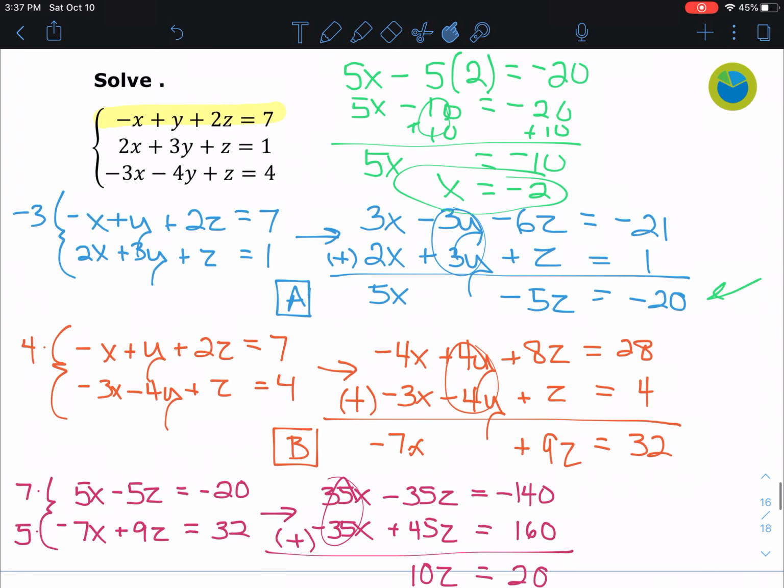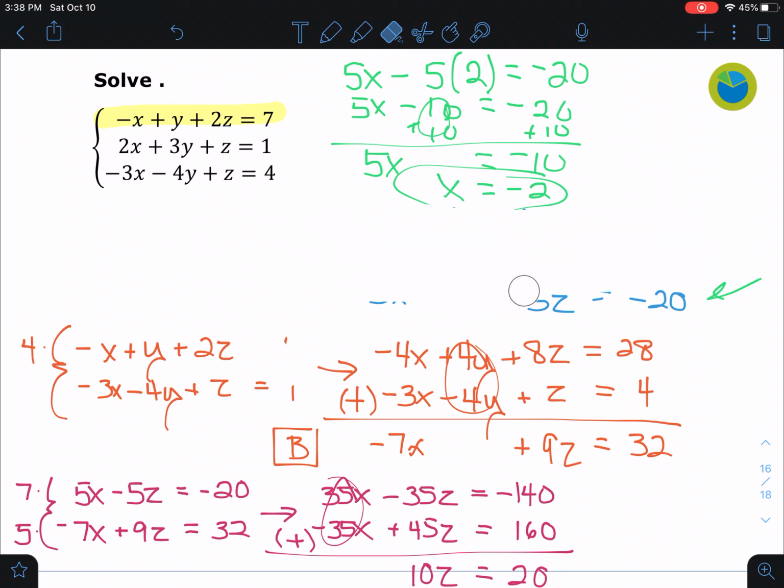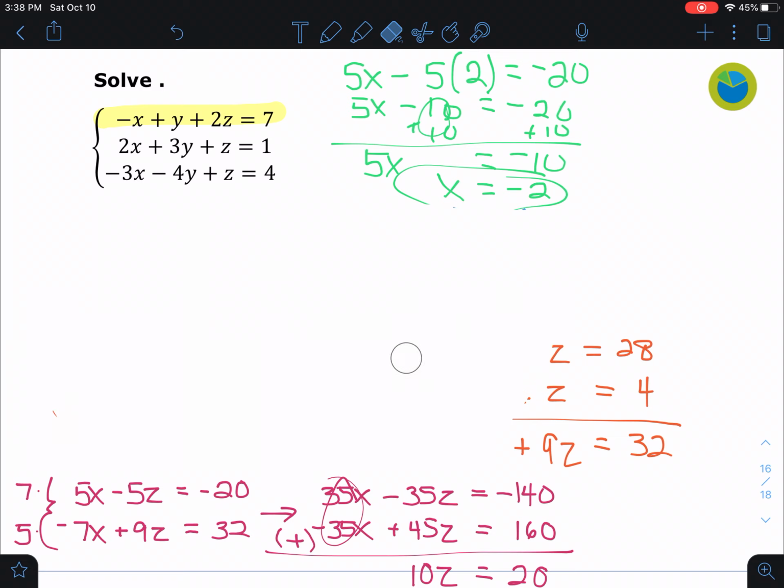All right, I'm going to do some erasing because I'm running out of room here. I didn't leave myself enough room. So I'm going to erase some stuff here. And now we're going to take z equals 2, x equals negative 2, and we're going to plug back into one of our original equations. Okay, so it does not matter which one you choose here.